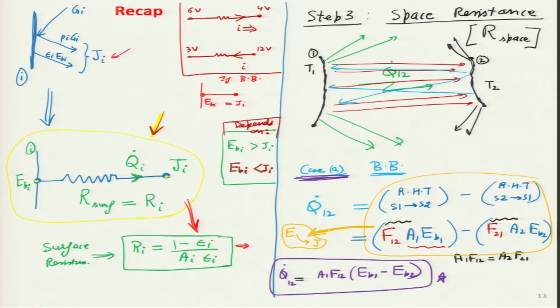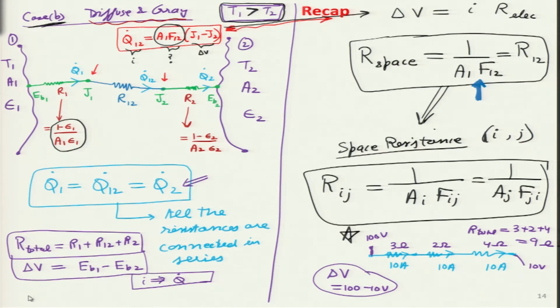Then in step 3 we tried to define the space resistance, and this third step we divided into two cases. Case A we wrote for black bodies, and then we got the expression for the net rate of heat transfer between body 1 and body 2 as this expression at the bottom. Then we looked at case B, which was the actual case of diffuse and grey surfaces.